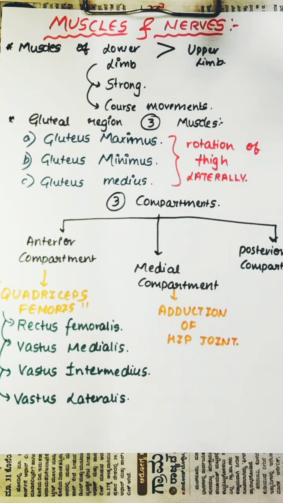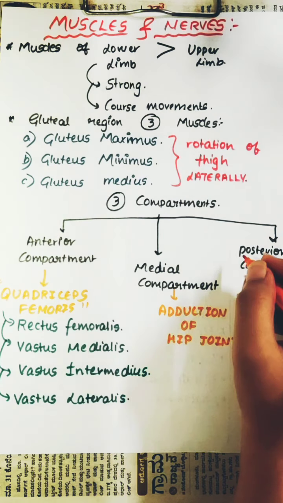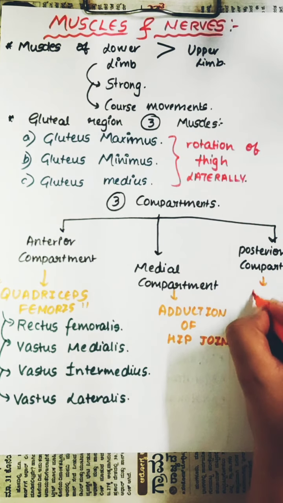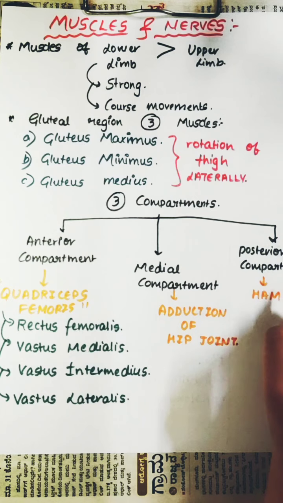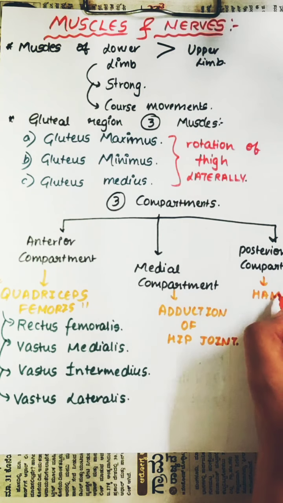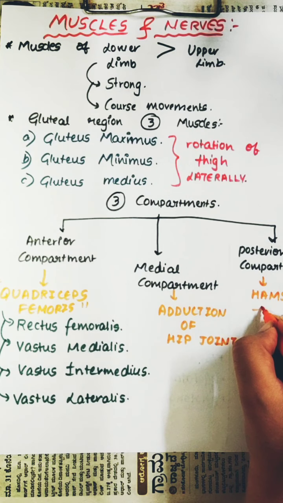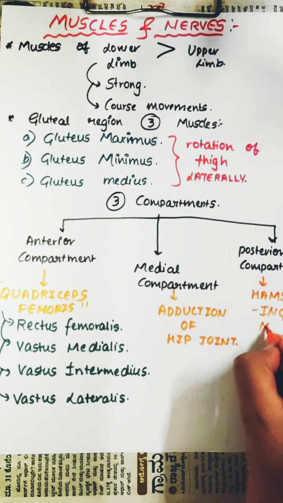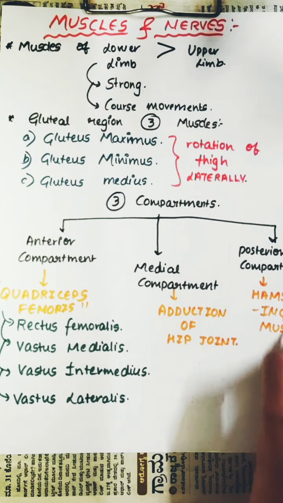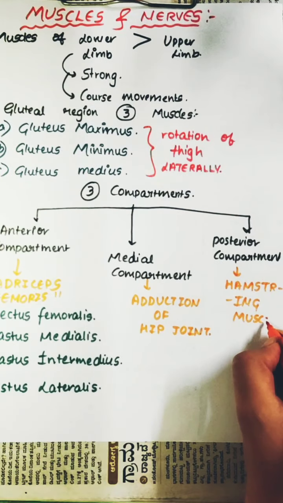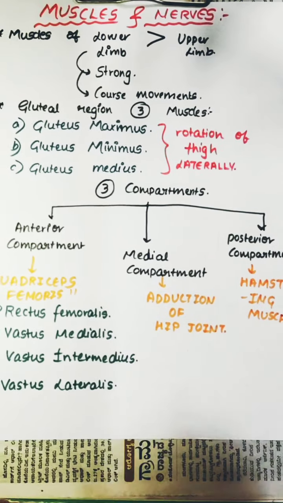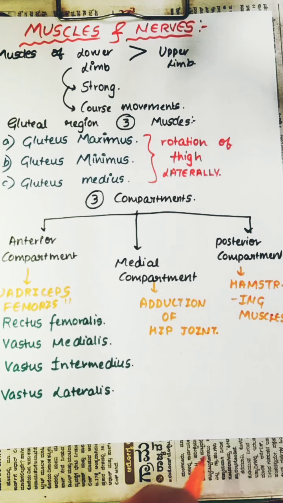In the posterior compartment, you can see the hamstring muscles. We'll be studying all these compartments and muscles in the upcoming videos. There is presence of hamstring muscles.